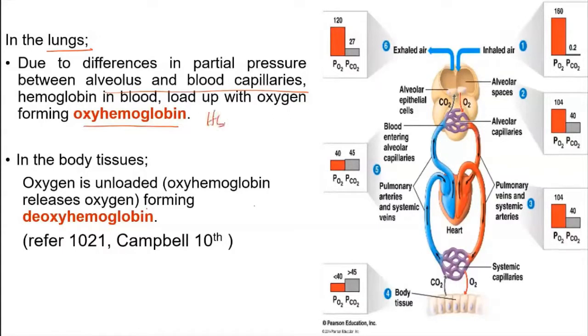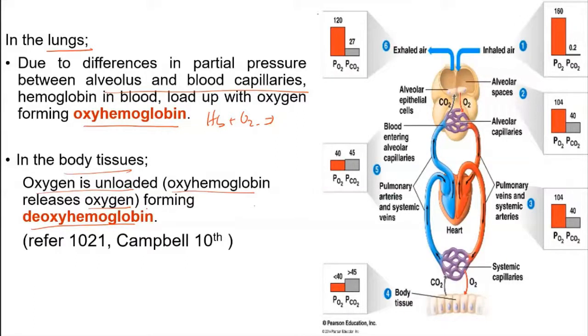So hemoglobin plus oxygen forms oxyhemoglobin. So that is from the lungs, right? The lungs are the source where oxygen will enter, and then oxygen enters into the blood, binds with hemoglobin to form oxyhemoglobin.